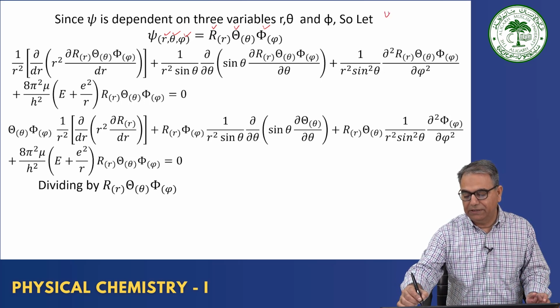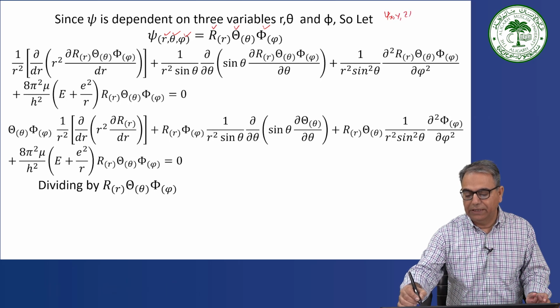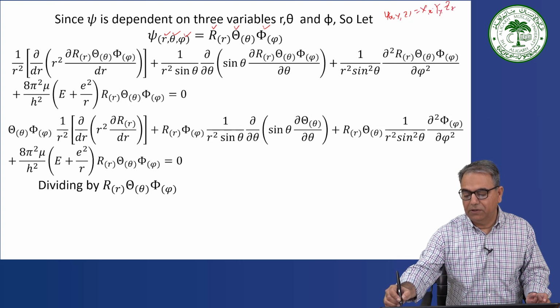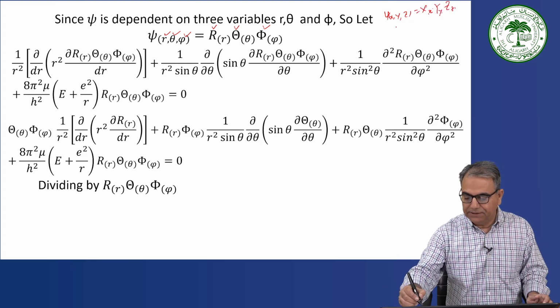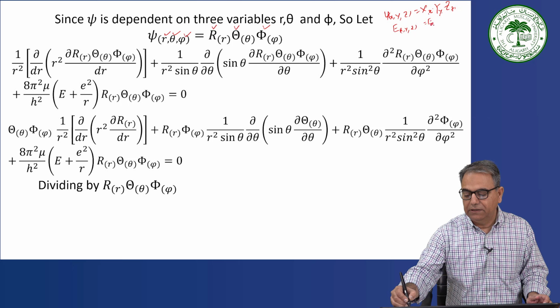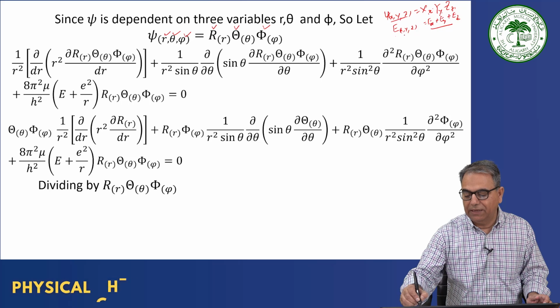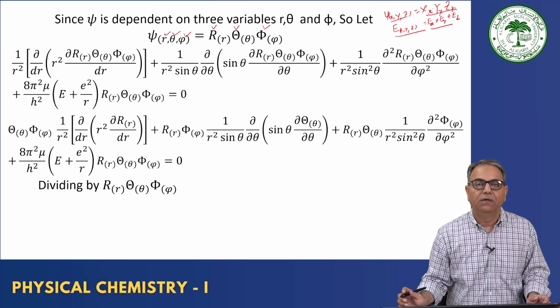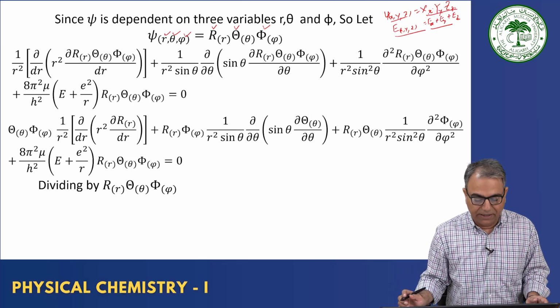You remember this? We used psi of x, y and z as X depending on x only, Y depending on y only, Z depending on z only, and the energy E as Ex plus Ey plus Ez. I am saying this time and again because these are things you should never forget in quantum mechanics.